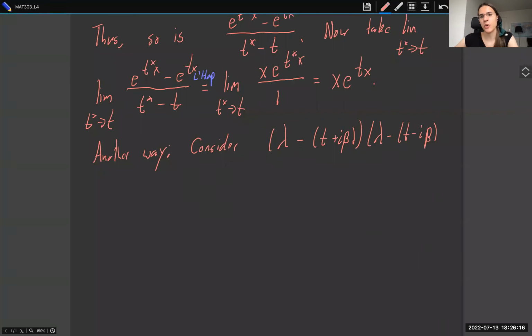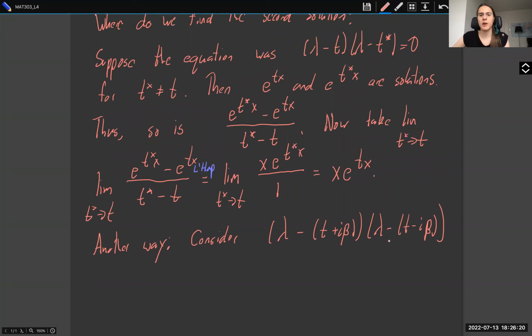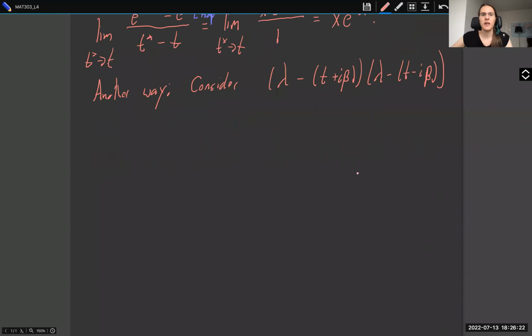So now we're going to, instead of making it be two distinct real roots, make it a conjugate pair of complex roots. Then in particular, we know that e to the t times sine of beta t is a solution.